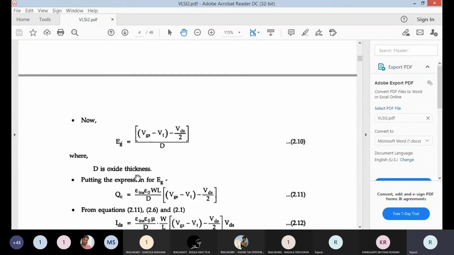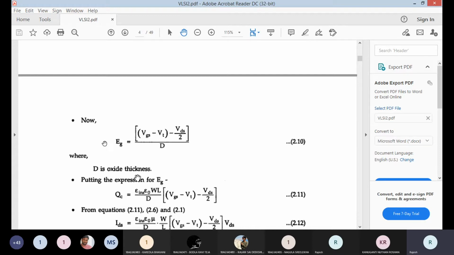What is electric field? E equals V by distance. What is V here? Gate to source voltage, so gate to source voltage by distance. What is the distance between gate and semiconductor? The distance between source and drain is the channel length. The distance between gate and channel is the thickness, capital D.